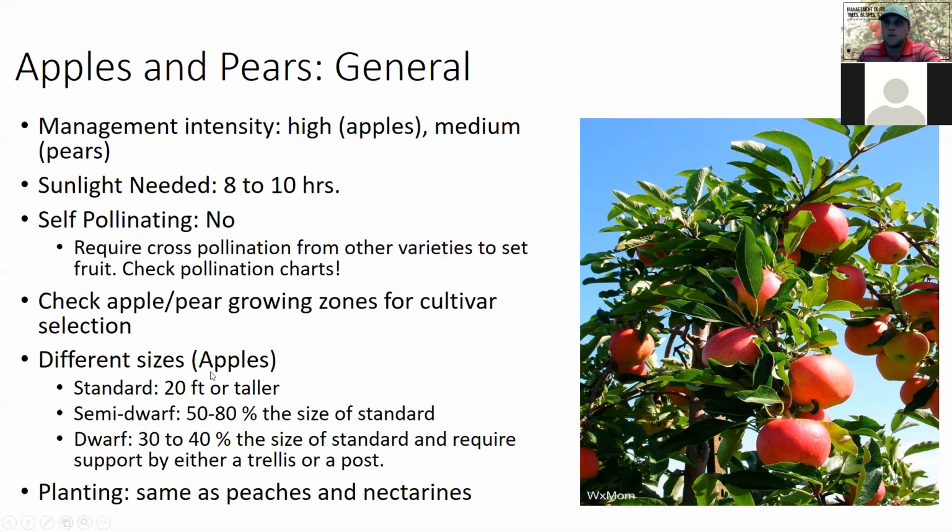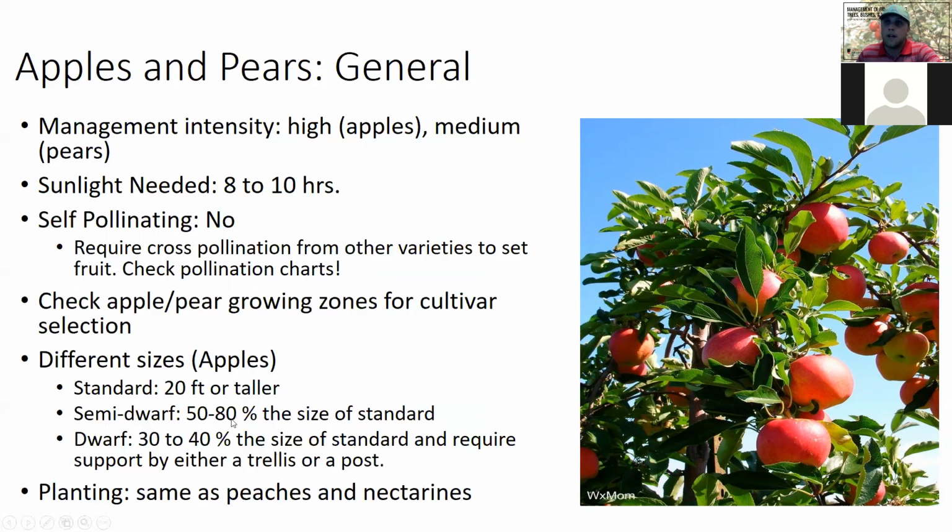Different sizes. This is one of the benefits of apples, they do have different sizes as far as their growth habits. You get your standard, which is 20 foot or taller. These would be your grandma's apple tree that you see, most of the time, that are still standing these days. You have a semi-dwarf variety, which is about 50 to 80% the size of the standard.